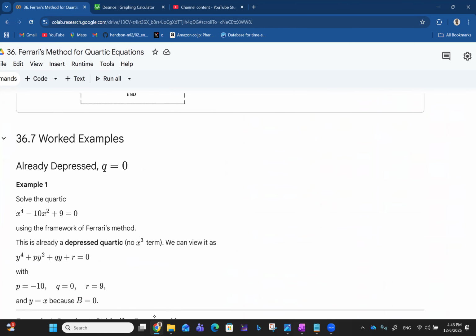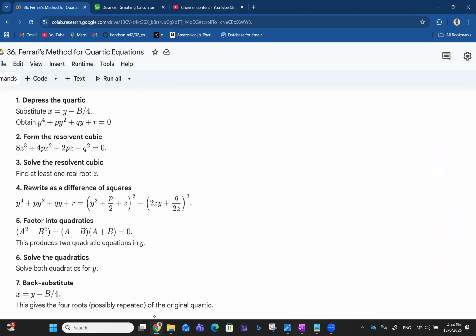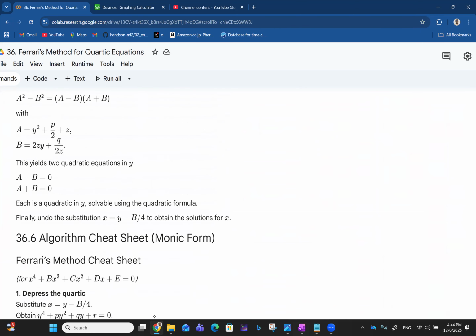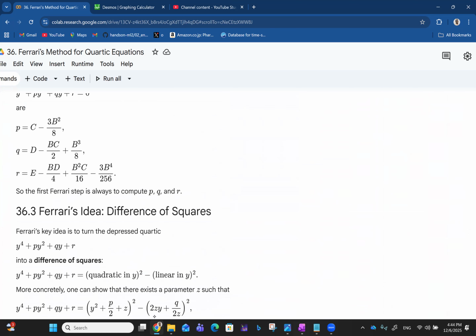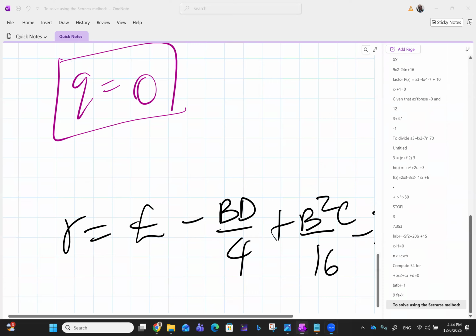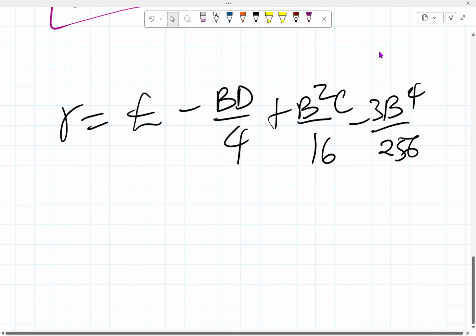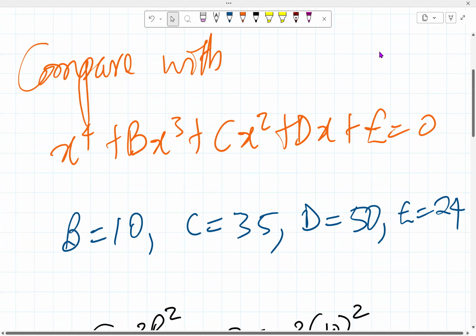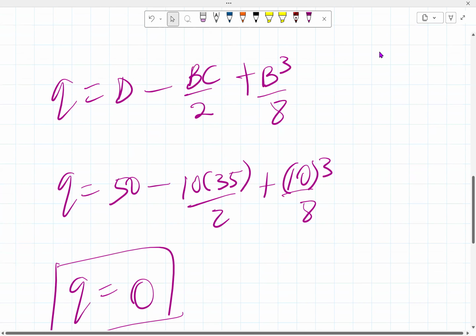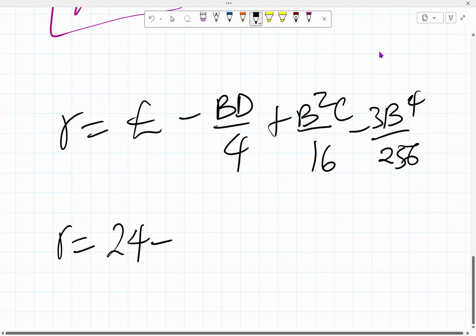R, where is R now? Yeah, R is E minus BD over 4 plus B squared C over 16 minus 3B raised to power 4 over 256. That's it right here. So I come back here and try to compute that. What is E now? E is 24. So we have 24 minus BD.